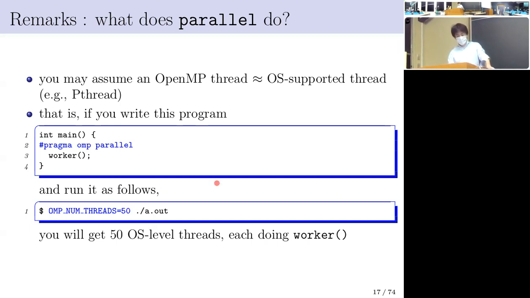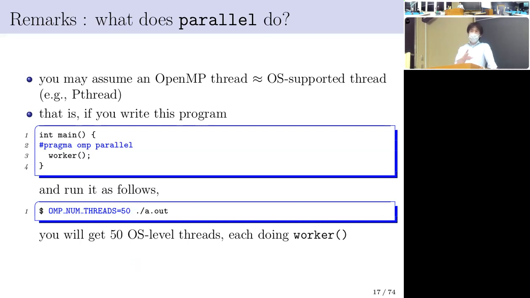But in practice, you can consider that the OpenMP threads I was talking about in the last slide are essentially threads supported by the operating system, such as pthreads. For example, if you write this program and run it with OMP_NUM_THREADS equal 50, you can think that 50 OS-level threads will be created.